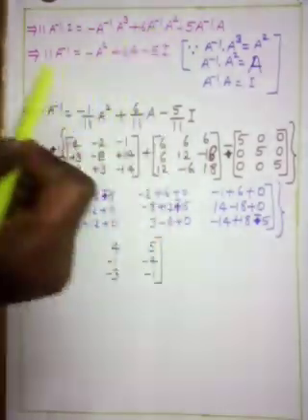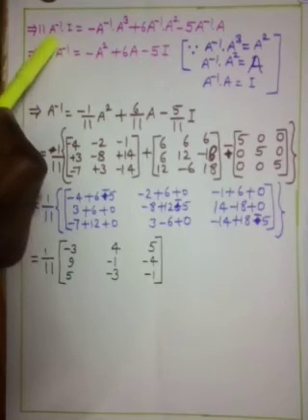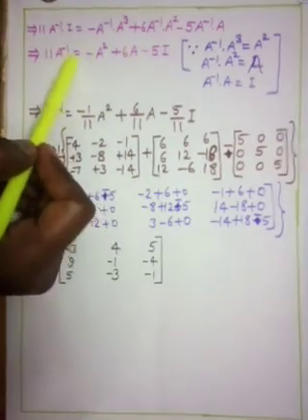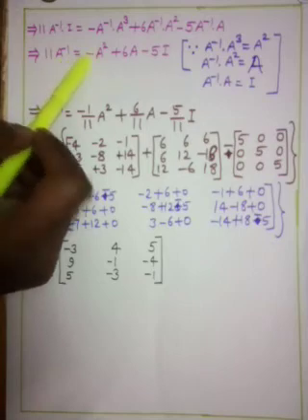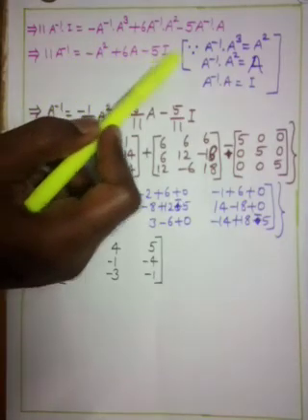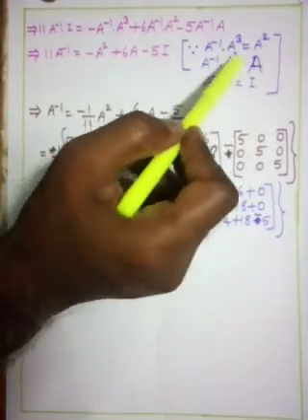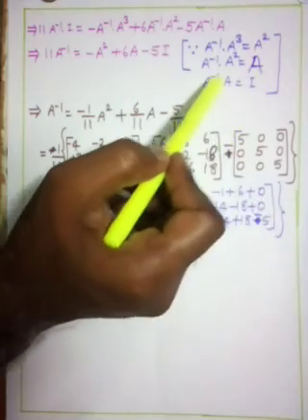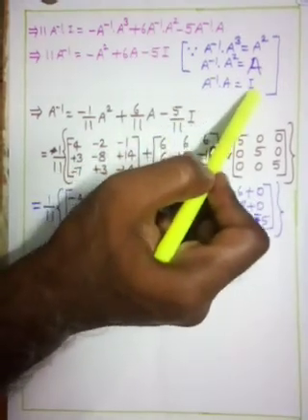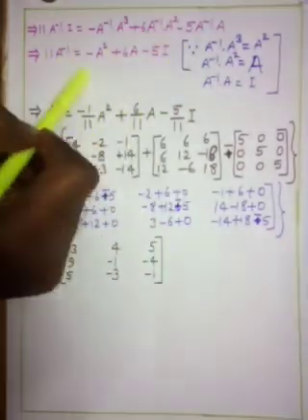Understood, my dear children? Right. This implies 11 A inverse into I, A inverse only, that is equal to minus A square plus 6A minus 5I, because A inverse into A cube is equal to A square, A inverse into A square is equal to A, A inverse into A is equal to I.